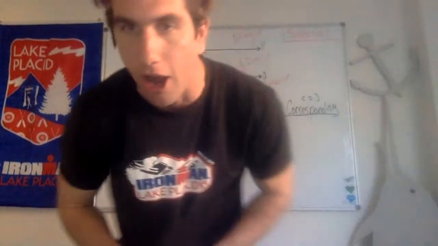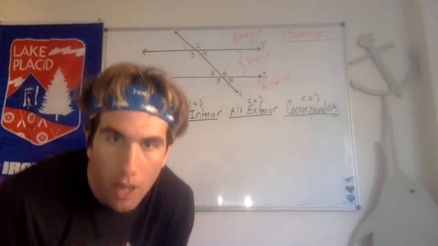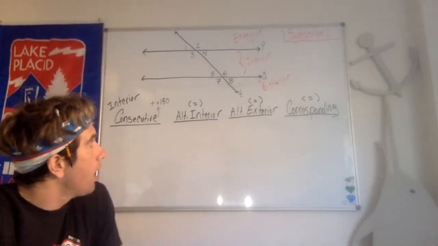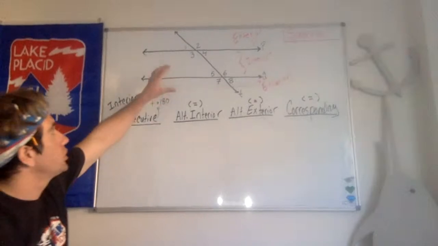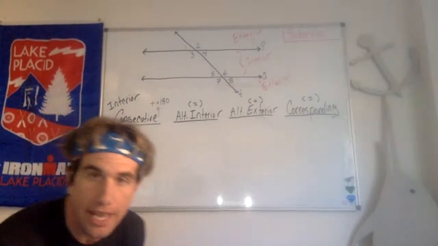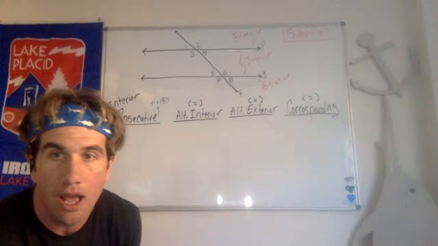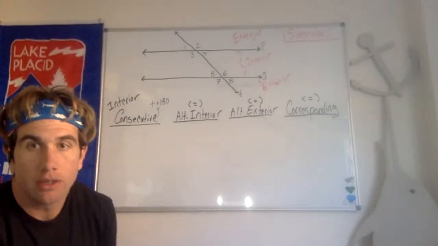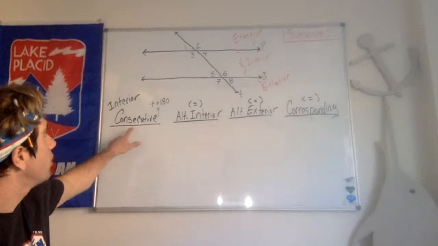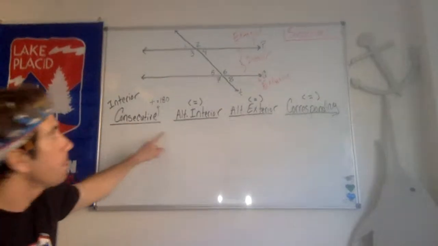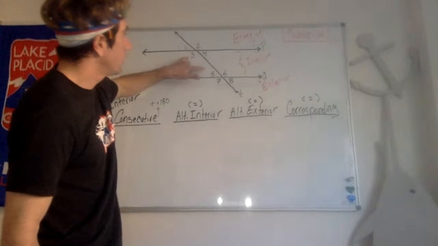All right, so we are going to do interior consecutive. Interior, we're just thinking about inside. Now, guys, consecutive, if you don't know what that means, interior is inside, right? So consecutive is going to be these two.